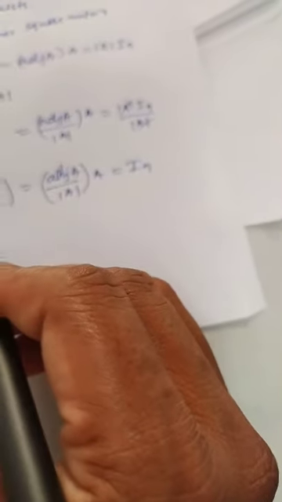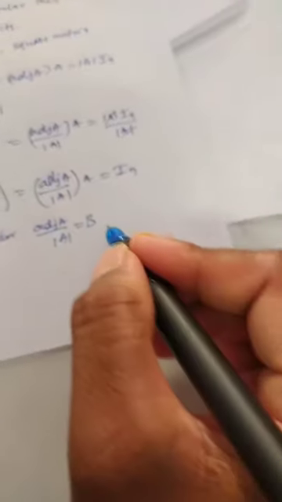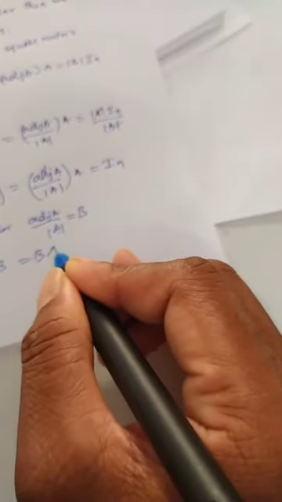A is a given square matrix and adjoint A by det A is another matrix. So I will consider this total matrix adjoint A by det A as another matrix capital B. In place of this I am keeping B. So you will get this relation: A into B is equal to B into A is equal to In.